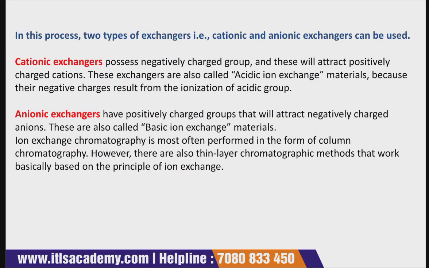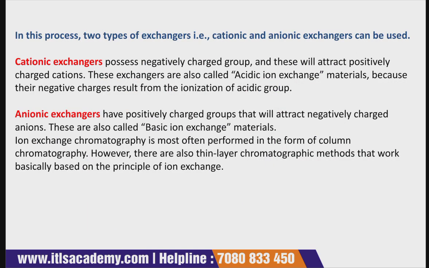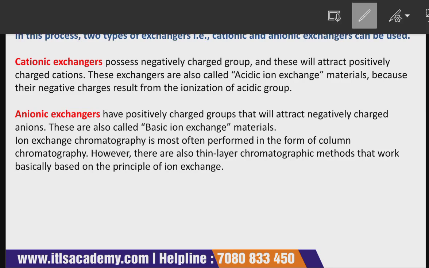Now let's move further to understand the detail of anion exchanger and the detail of cation exchanger. In this process, two types of exchanger, cationic and anionic exchanger, can be used. The first one is the cation exchanger, which possesses negatively charged groups and attracts positive cations.